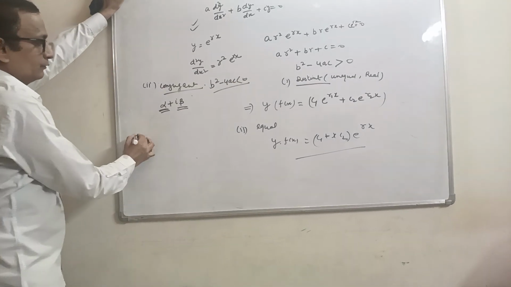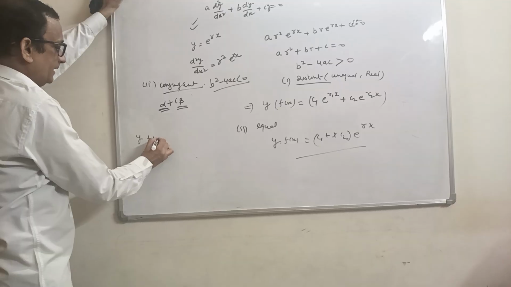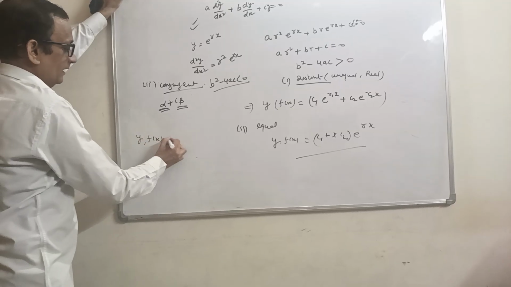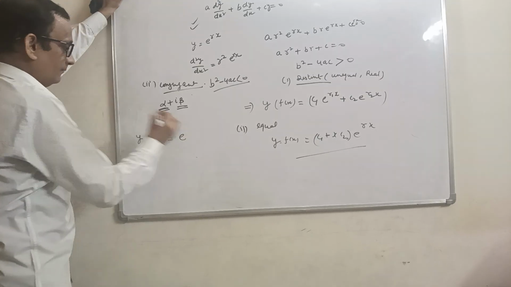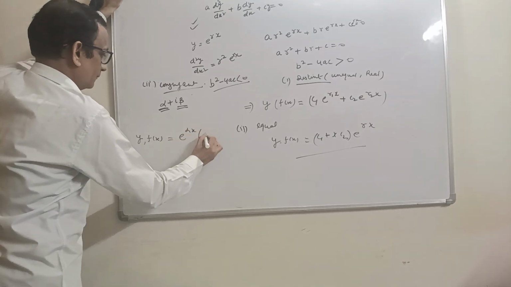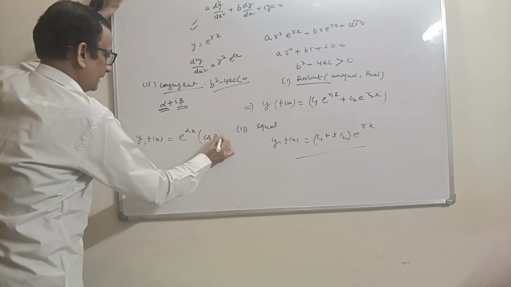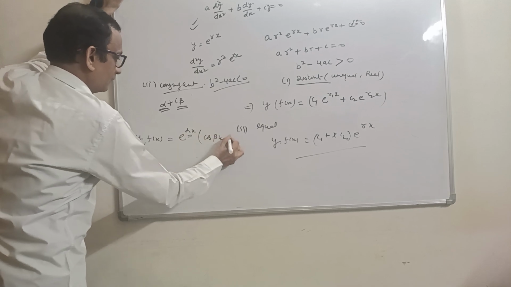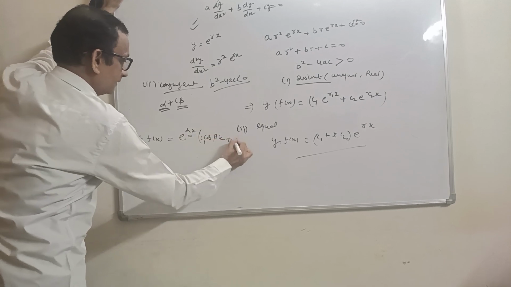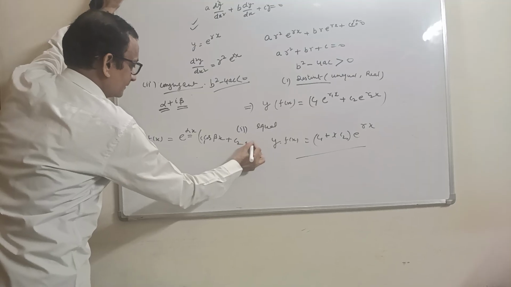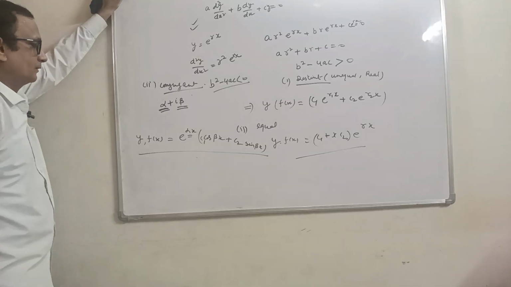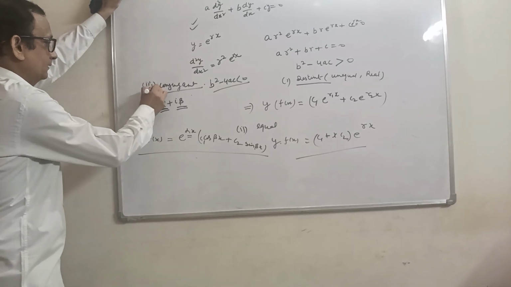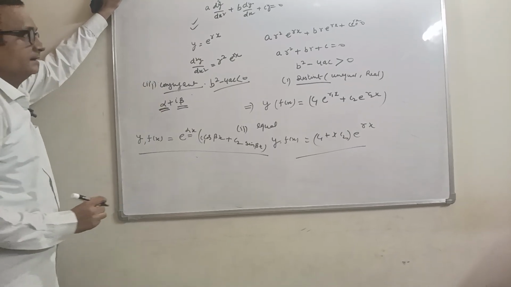So the solution would be y is equal to e raised to power alpha x into c1 cos beta x plus c2 sin beta x. This is the solution for the third condition when the roots are imaginary.